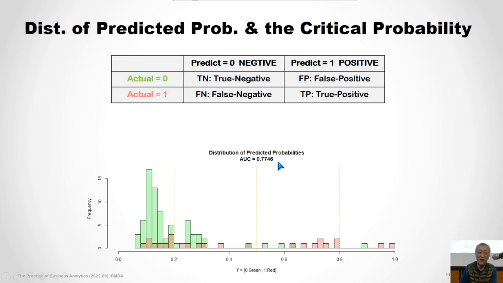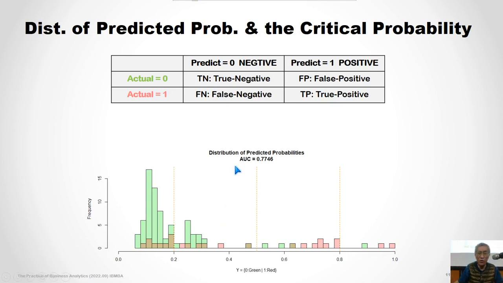If we plot the distribution of the predicted probability, this is the plot of the distribution of predicted probability for actual equal to 0 and actual equal to 1. This chart is actually very important. Traditionally, and also in the MIT course, they skip this point and jump to the ROC curve directly, right?